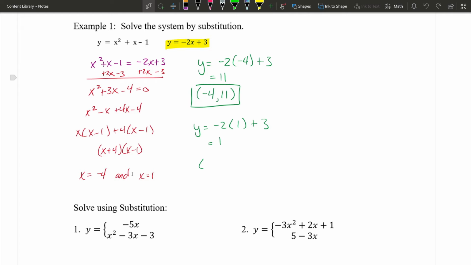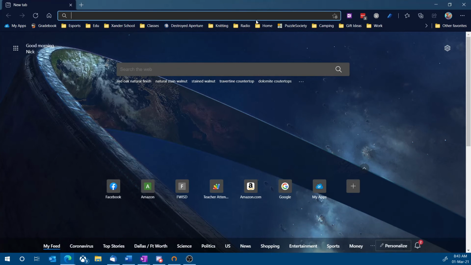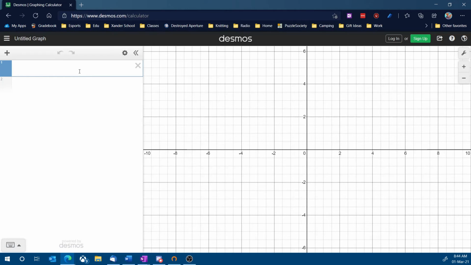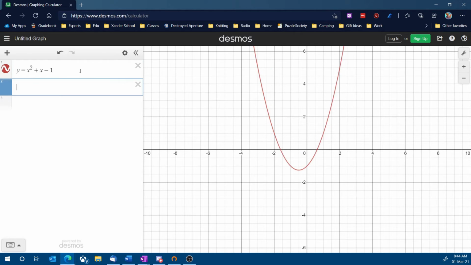And then I'm going to be studious and check that answer on my Desmos, just because I said I was going to check it. All right, so we had y equals x squared plus x minus 1. And we had y equals -2x plus 3.